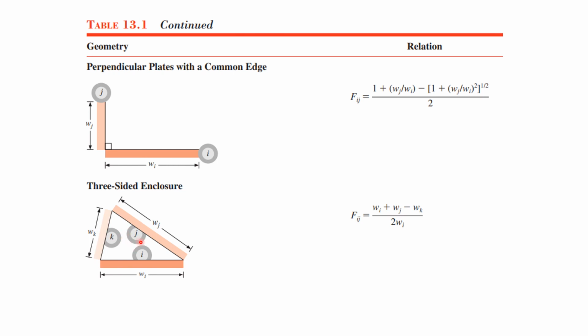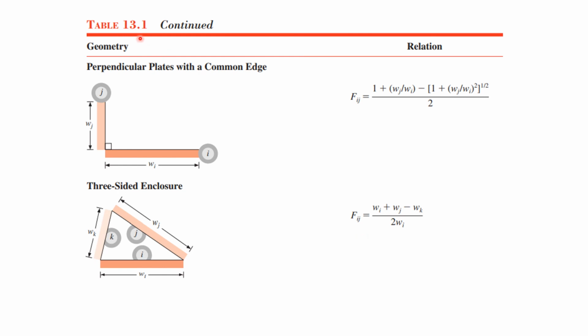You have a scenario for an enclosure where you have three surfaces enclosed in the shape of a triangle, and that's the view factor for that. We will be using these relations in a solved example, and also in some of the problems that we do.